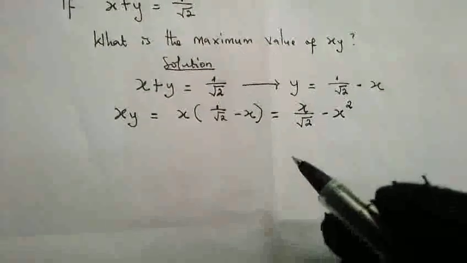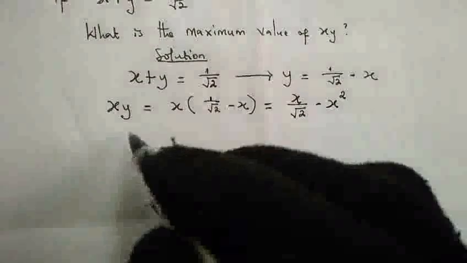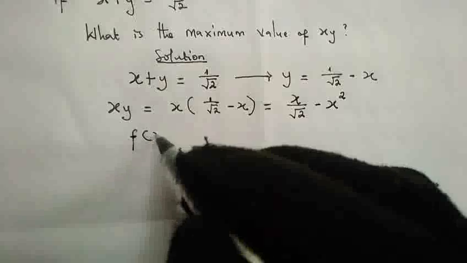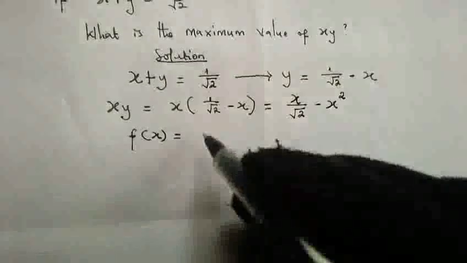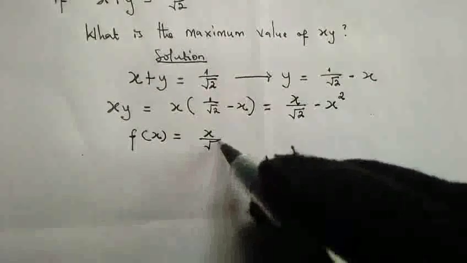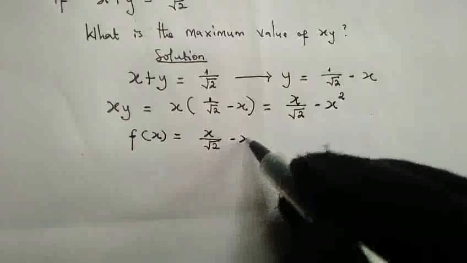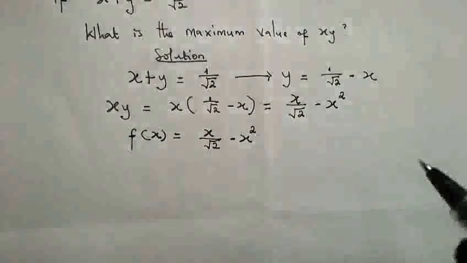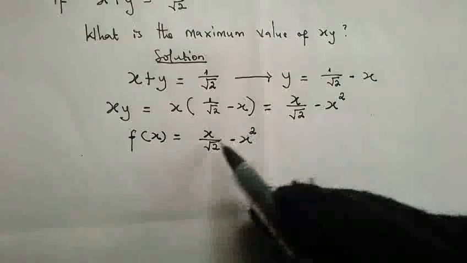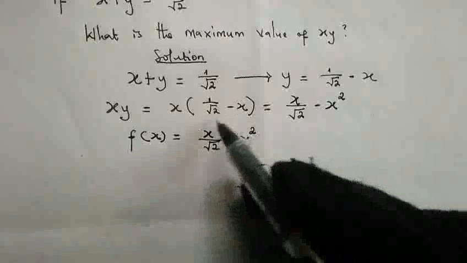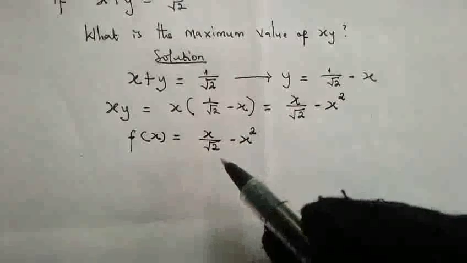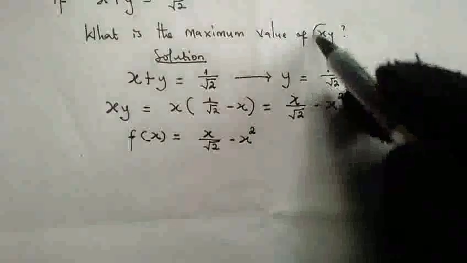So I'm going to call this a function of x. So f of x is equal to x over square root of 2 minus x squared. Okay, so to get the maximum value of this expression gives us the maximum value of x times y.